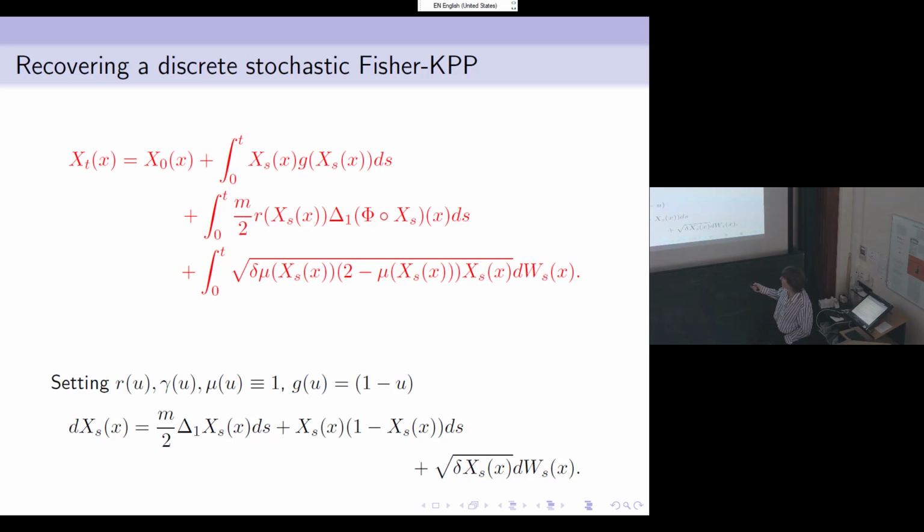Well, it's an exact analogue of what we wrote down for the super process, except that now it makes sense, because these are Brownian motions on lattice points instead of a white noise. Here's my discrete Laplacian for the spatial motion, and this x_s times 1 minus x_s is something that's very familiar from the Fisher-KPP equation, which is an equation we'll see again in due course.